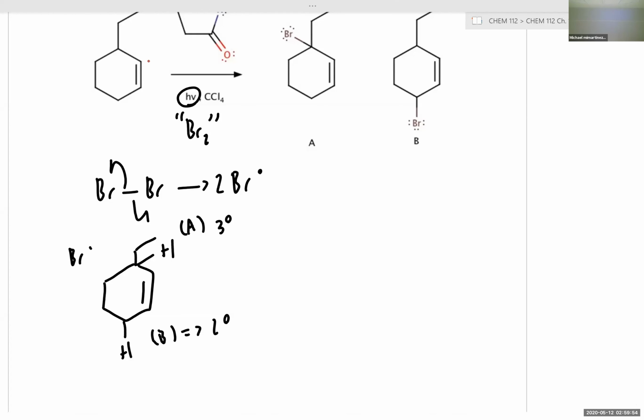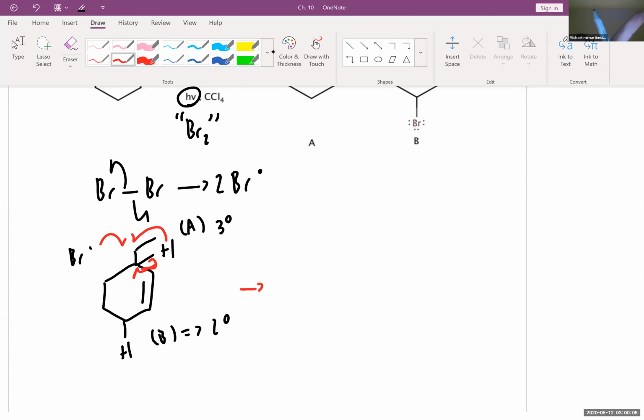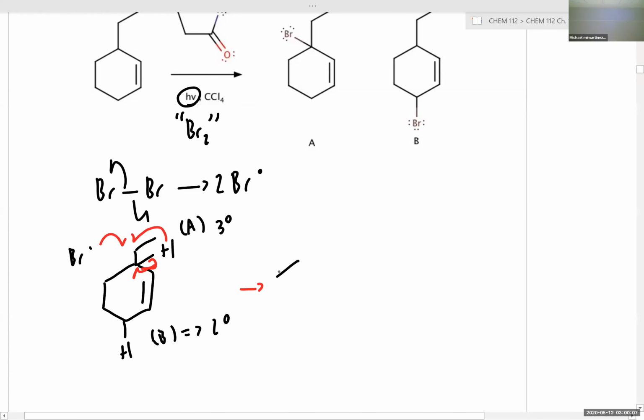I see a lot of people typing A, and that's exactly right. So we're going to abstract hydrogen A, and in turn, we're going to generate a tertiary allylic radical.